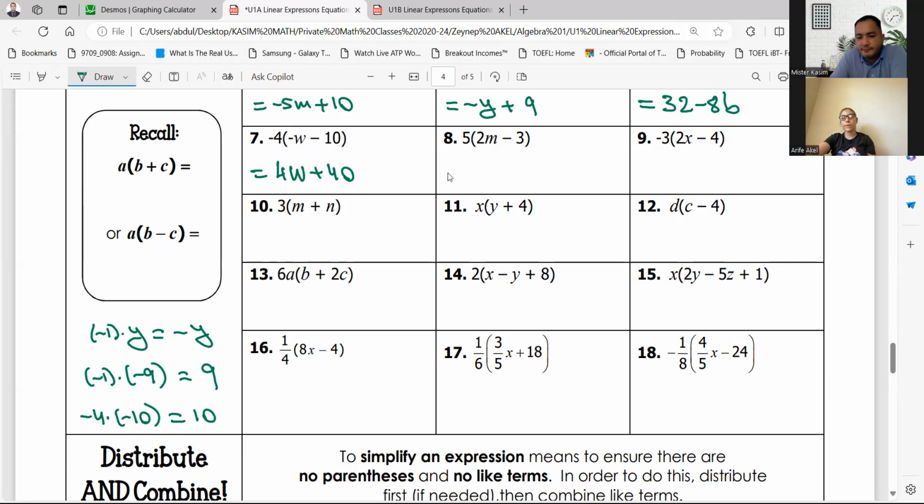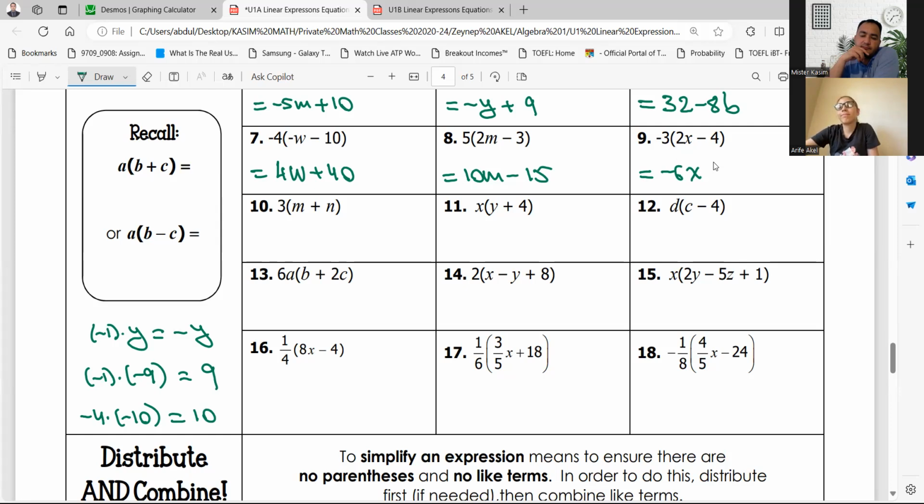All right. 8. 10m minus 15. 9. Negative 6x minus 7. No. Why is the first one you are multiplying, the second one you are adding? What is negative 3 times negative 4?